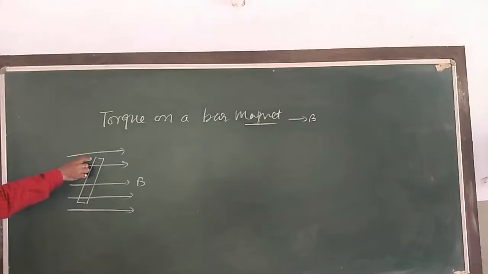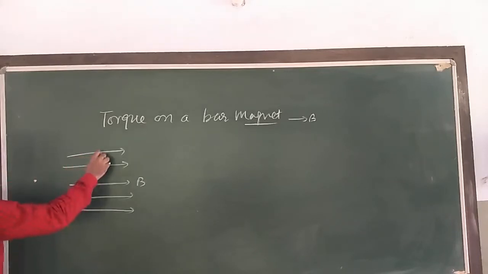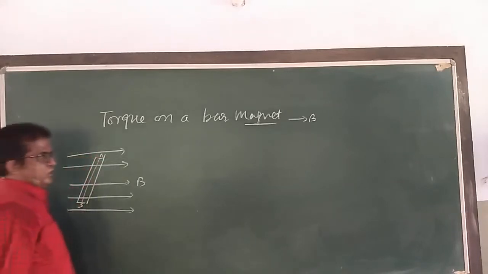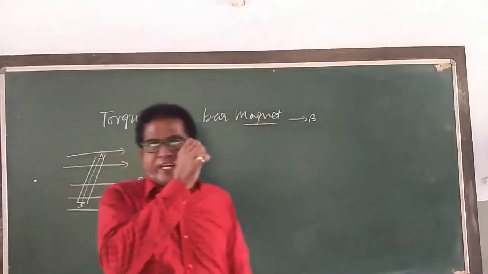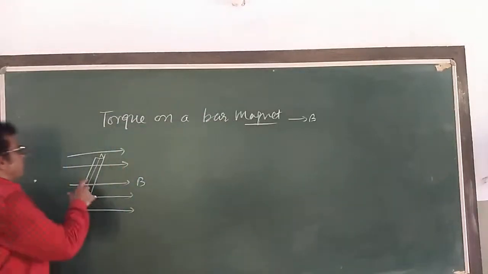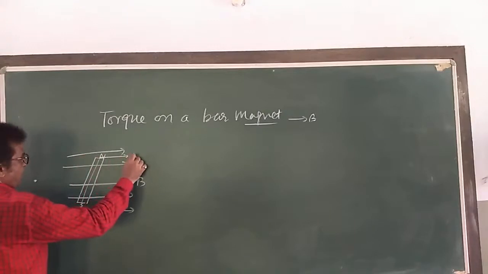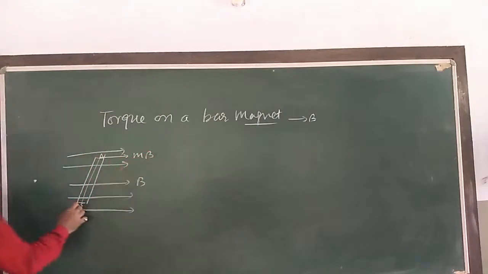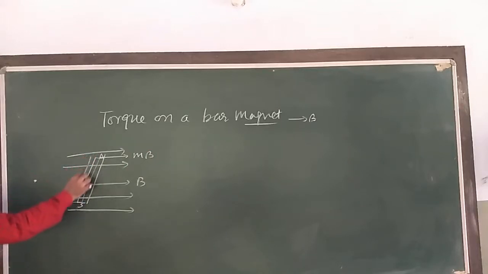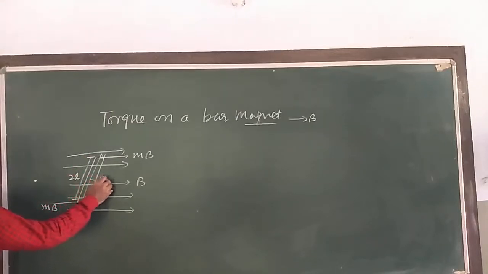The two poles, here it is the N pole and here it is the south pole, experience a force. Here the force would be mB, and here the force would be mB, like this. The length of the magnet is 2L. The angle here we can say is theta.